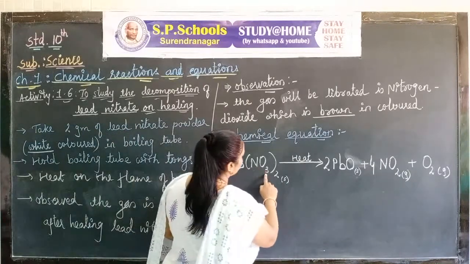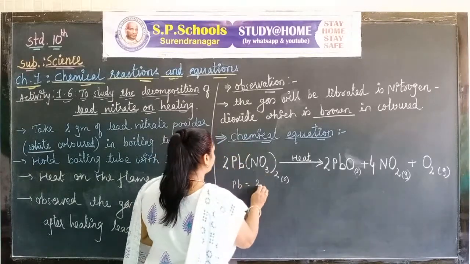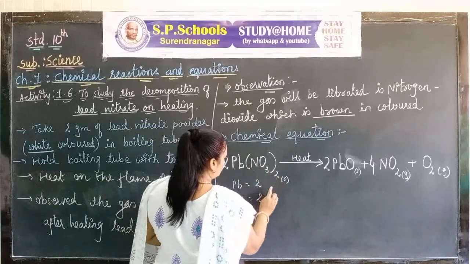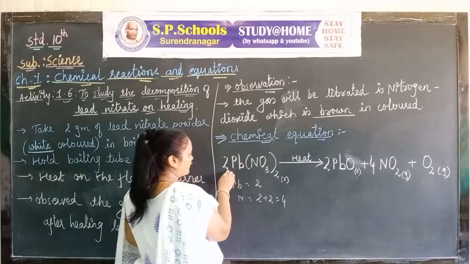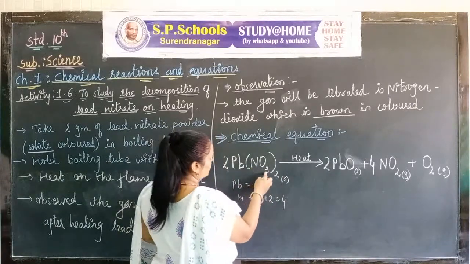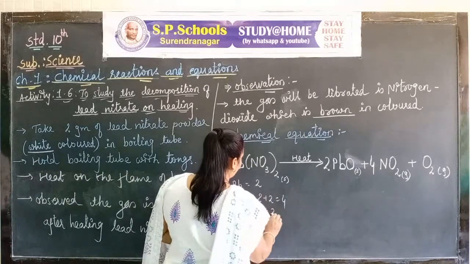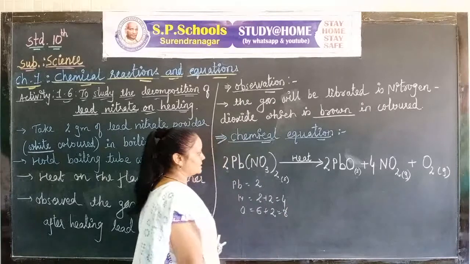Pb has 2, nitrogen has 2 plus 2, that is 4, and oxygen 3 multiplied by 2 is 6, plus 2, so it is 8.